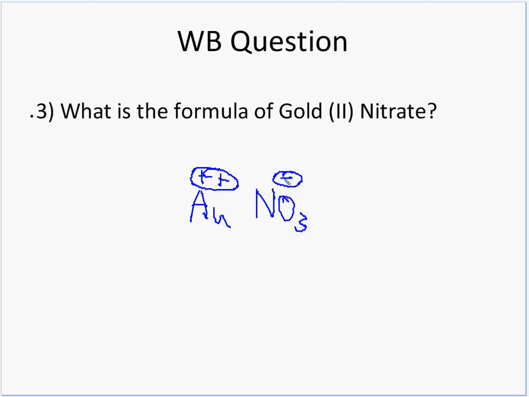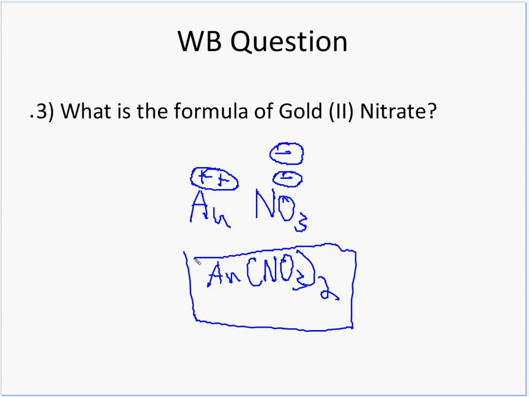It has a negative 1 charge. You got to memorize that. These are not currently balanced. We need one more negative. So that means the subscript for Au is just 1. There's no subscript. And NO3, there are 2 of them, so we have to use parentheses because it's a polyatomic ion, and we put a subscript 2. So that would be the formula.